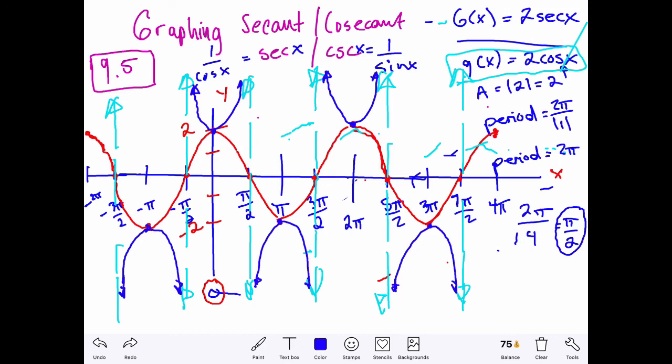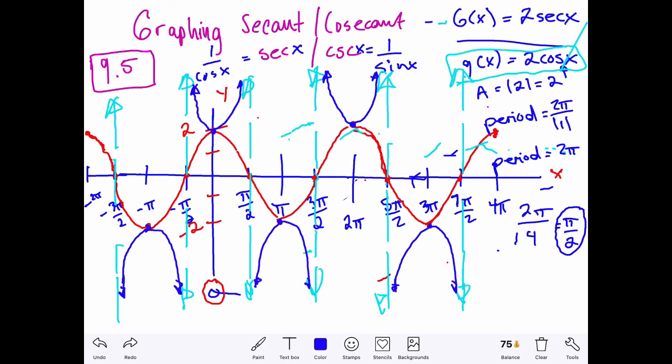And remember, familiarize yourself with some other characteristics on page 500, the core concepts. Just read through the domain and range. But this is how they're constructed. If it's secant, you graph the cosine graph and try to do a few periods' worth in either direction, and then draw in your secant from there.